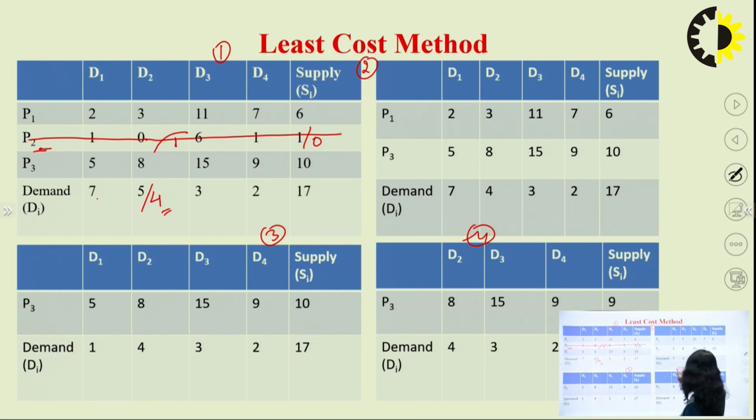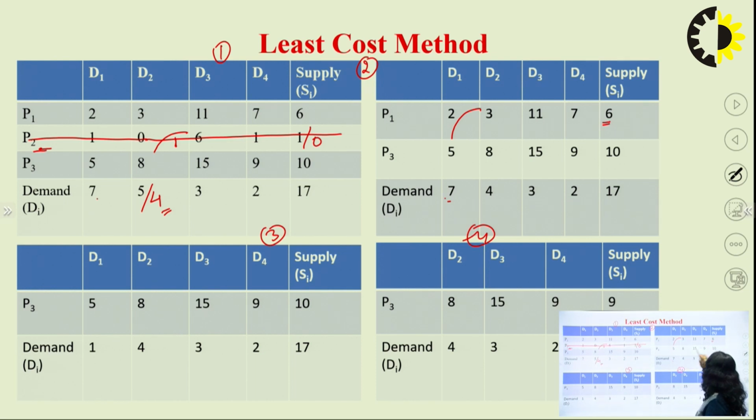Okay. Now, we will find out the least cost in this particular matrix. So, what we will do, we will check. So, we can see here this is the least cost in the cost matrix. So, it means our next allocation will be in this cell. So, here we can see the supply is 6 and the demand is 7.